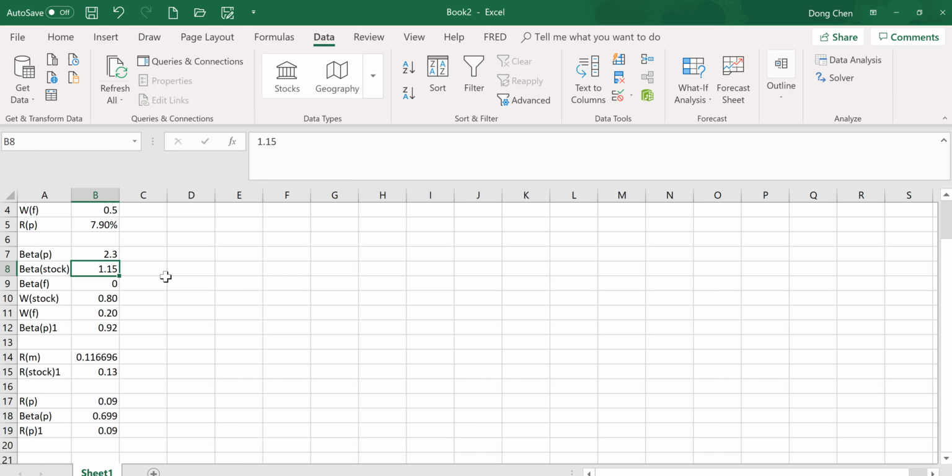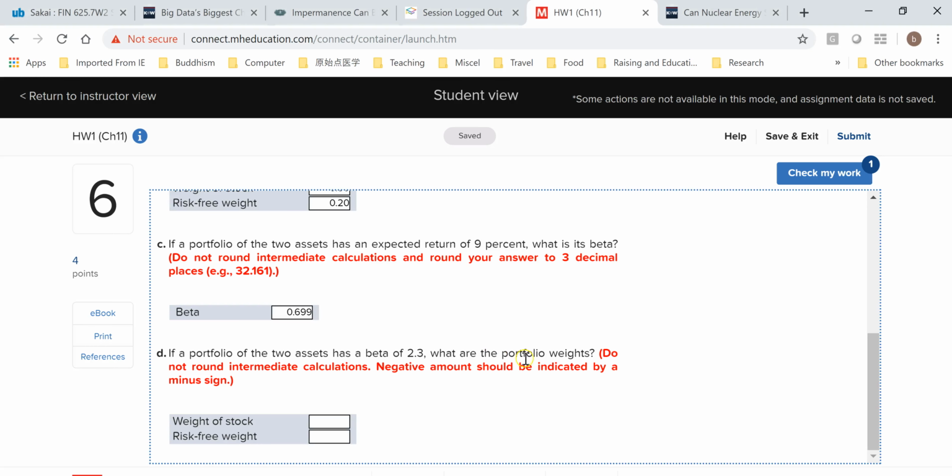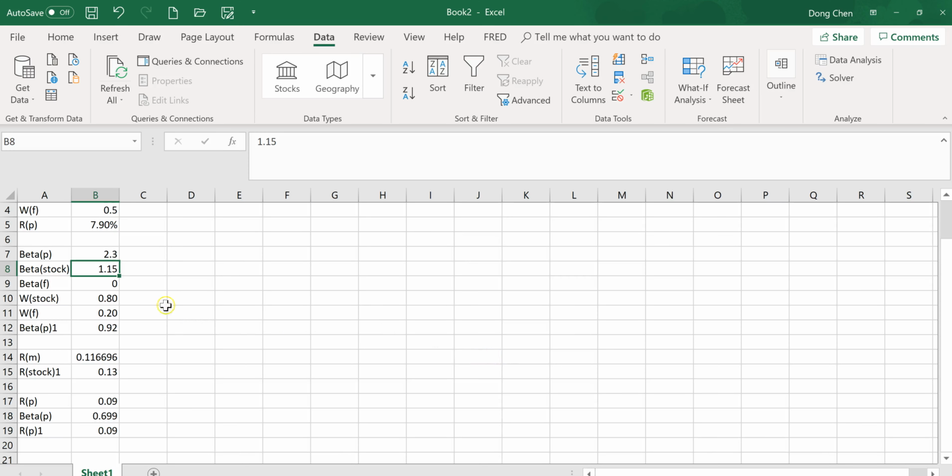So now I need to make the weight here... I need to make this Goal Seek. Yes, this is B8, the portfolio stock beta times weight, the B weight.